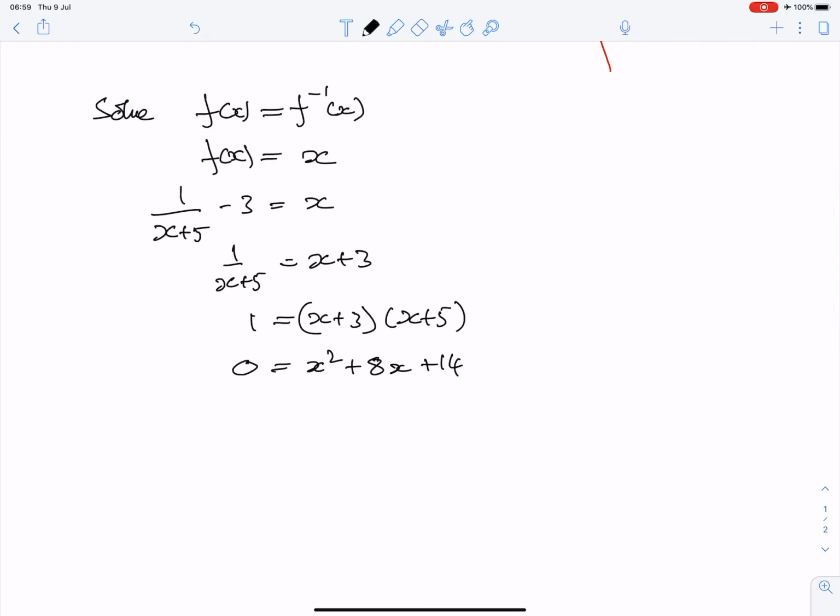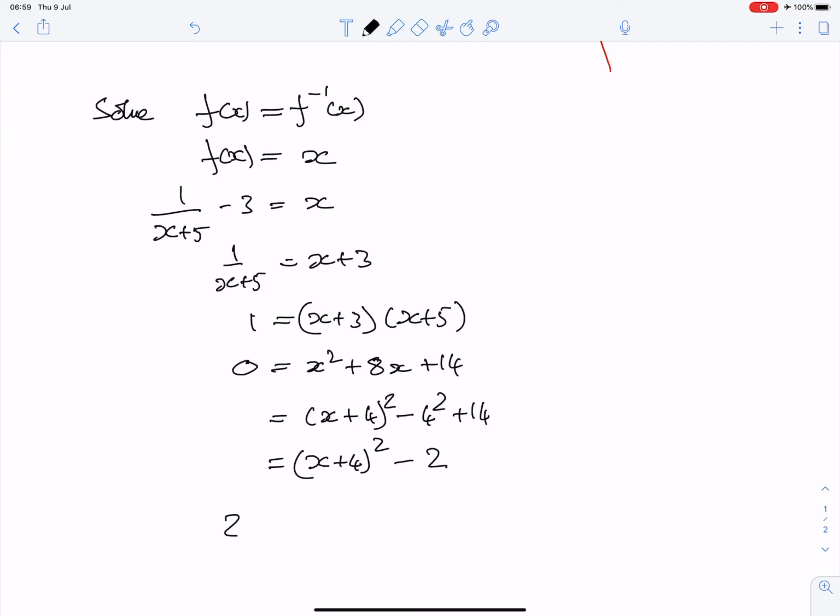or we could just quickly complete the square. So we get x plus 4 squared minus 4 squared plus 14. So we get x plus 4 squared minus 2.